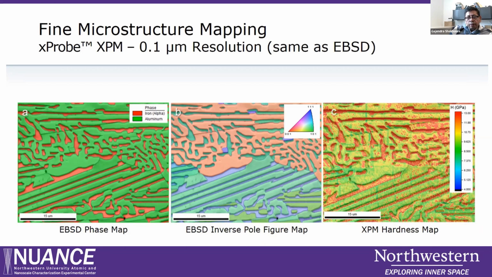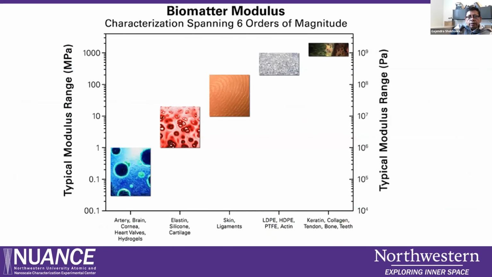And then given the speed we have here, we can do it in a pretty short span of time. So you are welcome to use this technique. We have this one available right now in the facility. And then we have the soft indentation capabilities also.